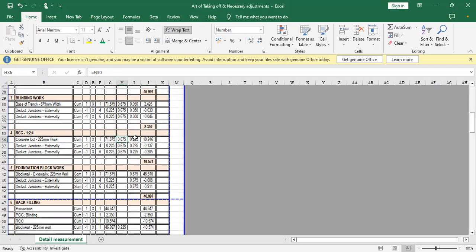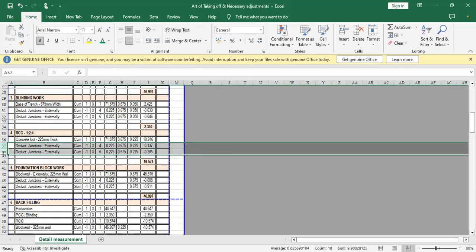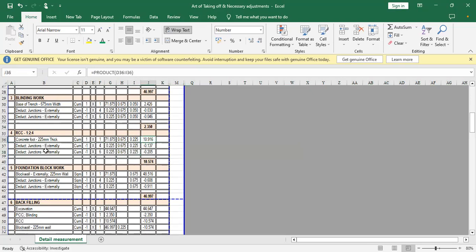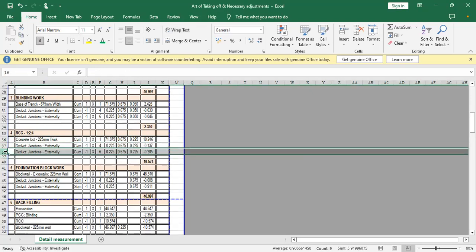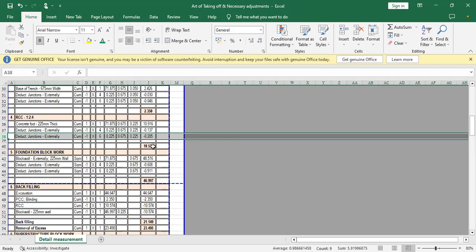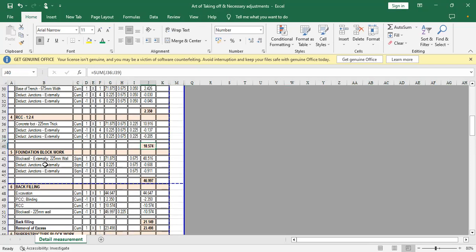So the same thing also applies, the only difference being that the thickness of our concrete footing is 225. So we take away all this deduction for junction, which would have been an excess, an overmeasurement on our quantity, assuming we don't make deduction from them. So this explains why we need to make the right deduction.